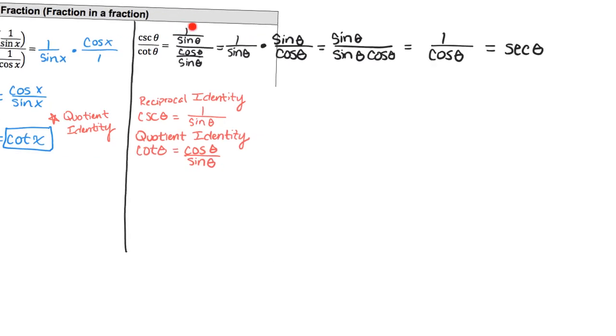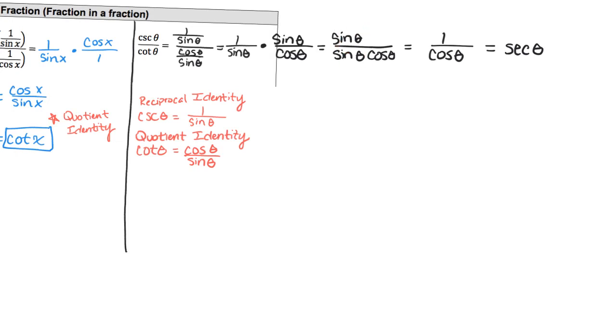Okay, I kept my numerator 1 over sine of theta, changed division to multiplication, and flipped my denominator, so I got sine of theta over cosine of theta. Multiplied my fractions straight across. 1 times sine of theta is sine of theta. Sine of theta times cosine of theta is sine times cosine of theta. In my numerator and denominator, I have a factor of sine of theta, so they can reduce.